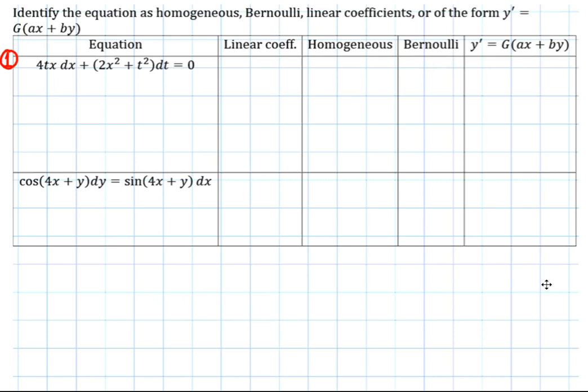So if we take the derivative of this with respect to the different variable than dx, so let's take it with respect to t, you're going to have 4x. And the derivative of this, we have t already, so we're going to take the derivative with respect to x, and it's going to be 4x.